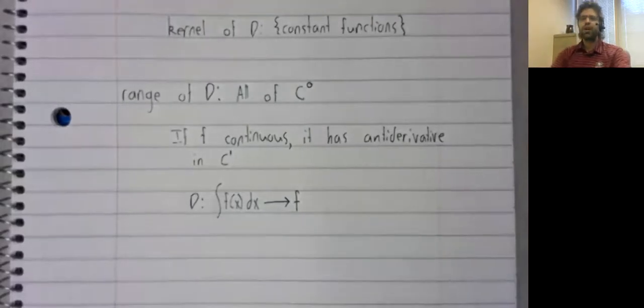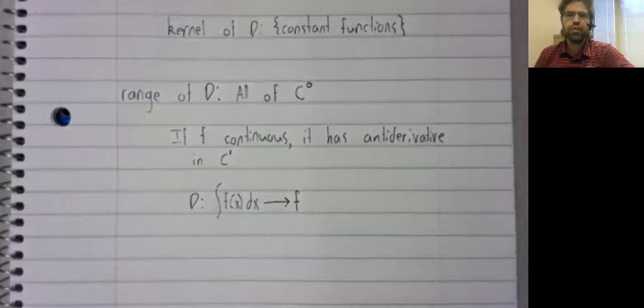So every function is in the range because every function is mapped to by its antiderivative.